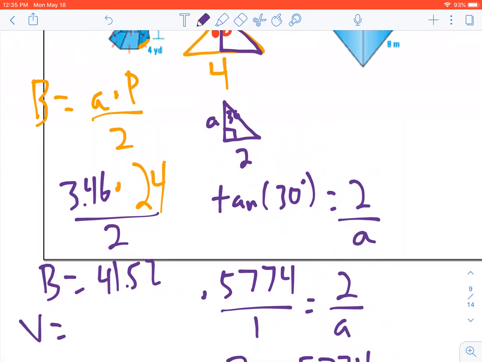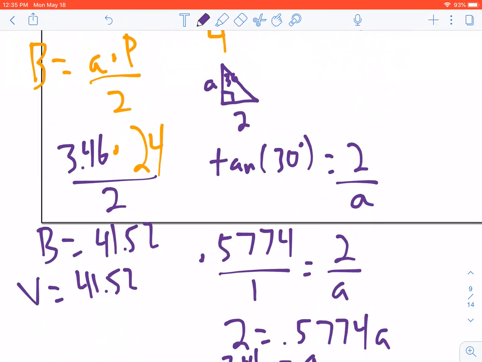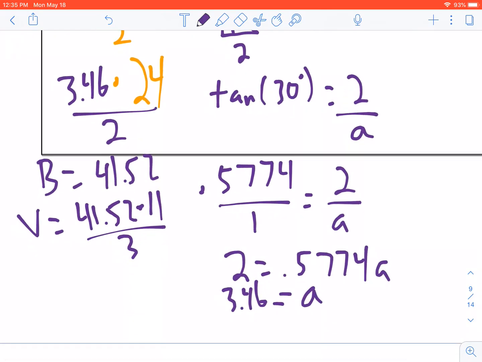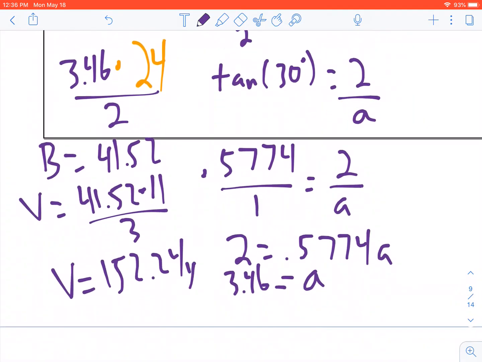Volume is the area of the base, 41.52, times the height of our pyramid, which they show us to be 11, divided by 3. 41.52 times 11 divided by 3, you get a volume of 152.24. And looking at your units, everything was in yards, so it is yards cubed.